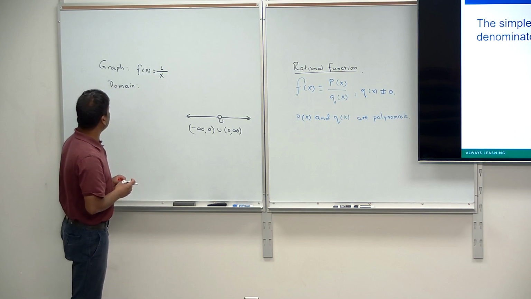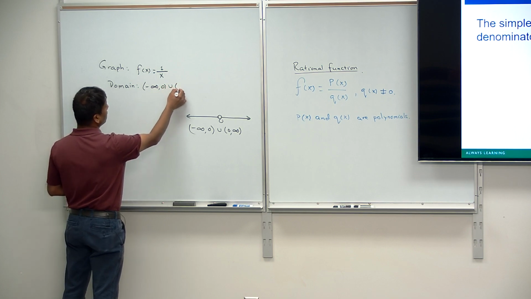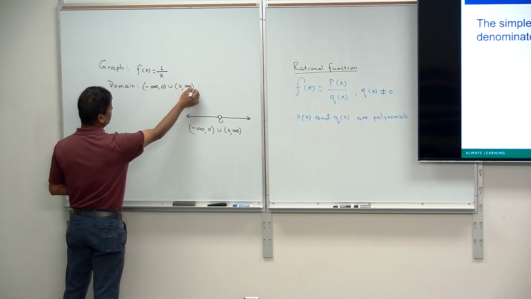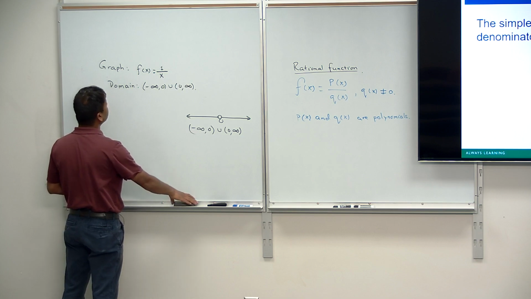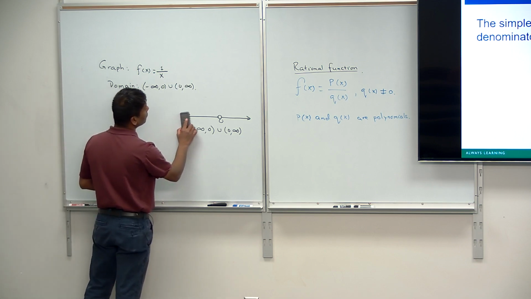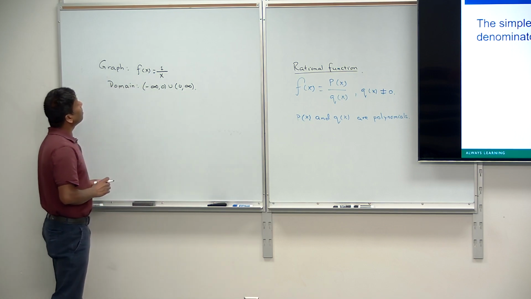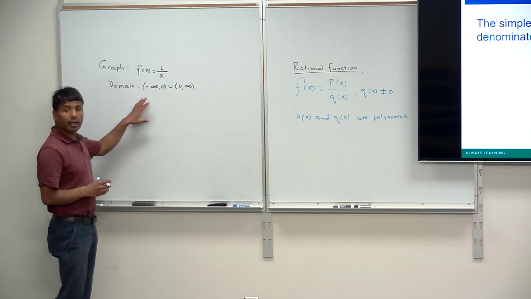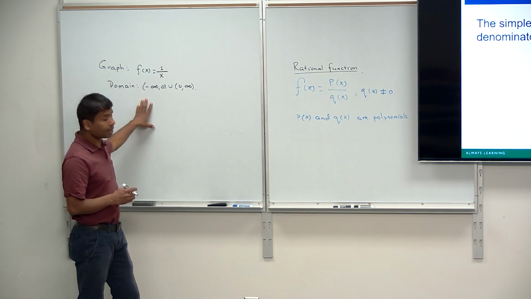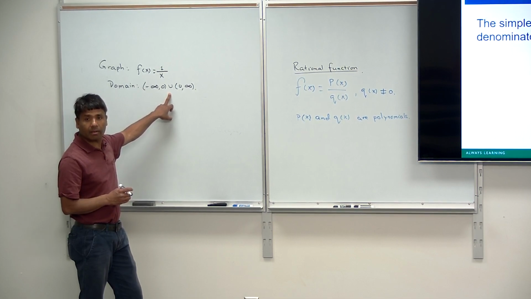So the domain of this function is negative infinity comma 0 union 0 comma positive infinity. Okay? Did you see that? This function is defined for every value of x except 0.